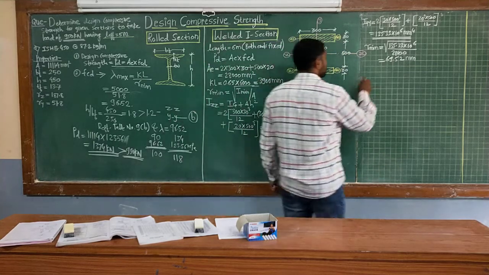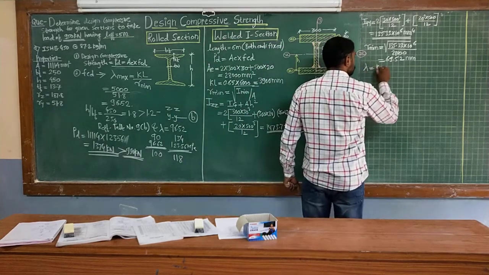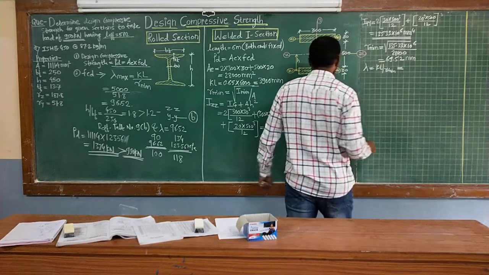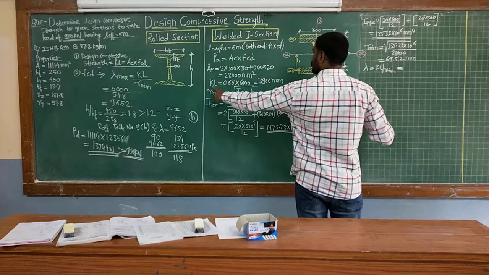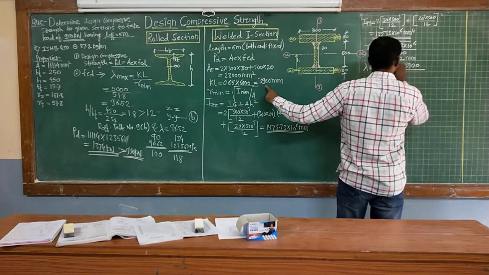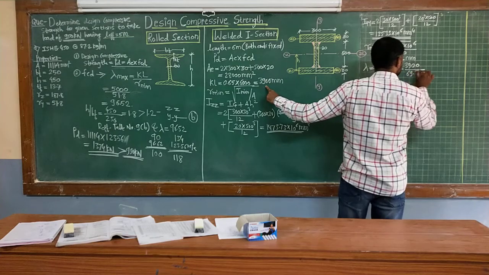So perform the calculations. Lambda equals to KL by r minimum, and this is equal to KL value 3900 divided by 69.52.